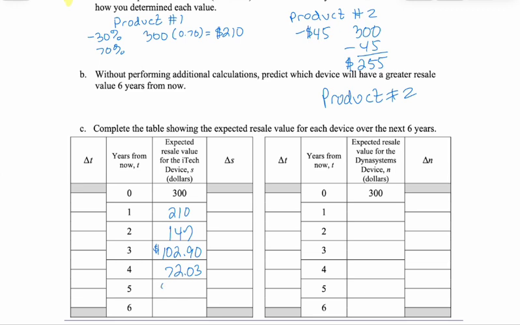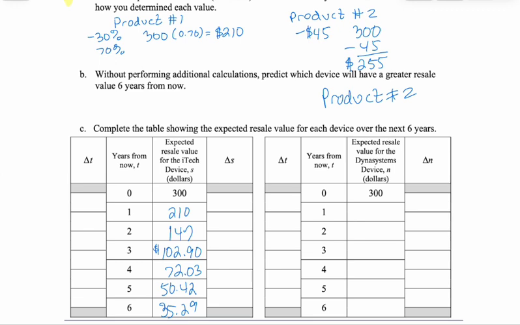And this is 50.42, rounded to the nearest penny. And then I'm multiplying by 0.70 every time. That's 35.29. Okay. So in the 6th year, our product number 1 is worth $35.29 based upon what we see there. Now, we're not going to do the delta T over delta S just at the moment, okay?